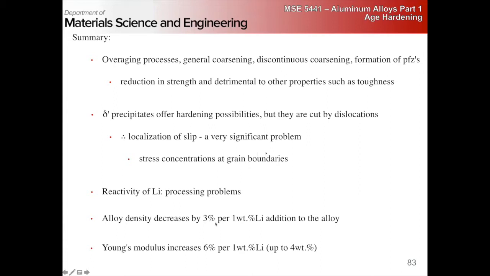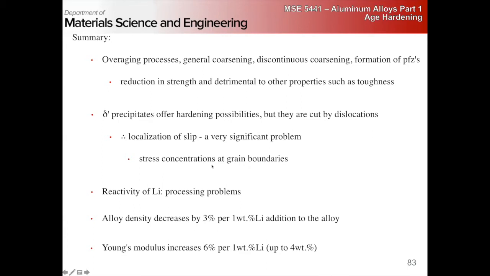All right. We get a 3% reduction in density per 1% of lithium addition, right? And an increase of 6% in elastic stiffness per 1% of lithium, up to 4% when it starts to go off. So there's a lot of possibilities here.